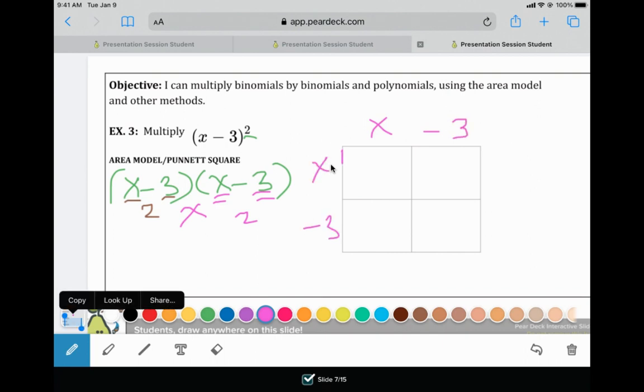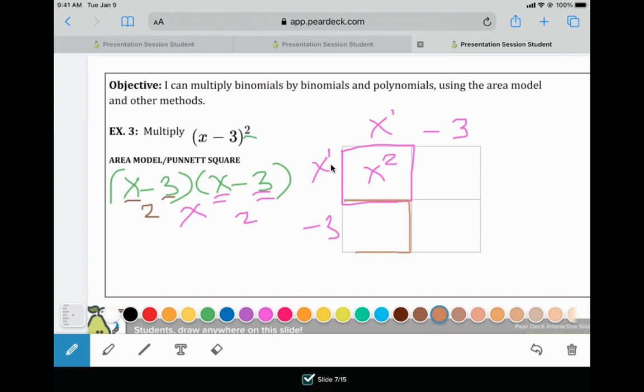Multiply them in. I'm doing the first box. x times x would be x squared because when you multiply, you add the exponents. Be very careful. When you multiply, you add the exponents. Okay? Then we go to the next box. If you go this way, x times negative 3, so negative 3x.